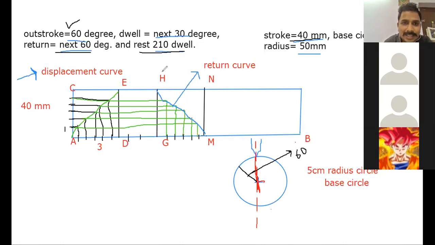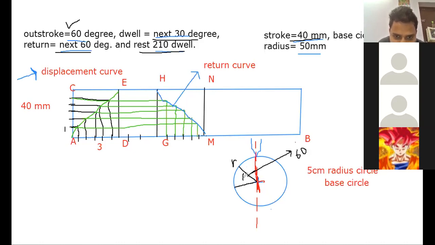Now the question says, for the next 30 degrees, please see here at the top on the white screen, it is a dwell. So next 30 degrees I have to draw. So I will keep my protractor on this line. This point I have marked as R point. I would keep my protractor here and then draw a line at 30 degrees from here.